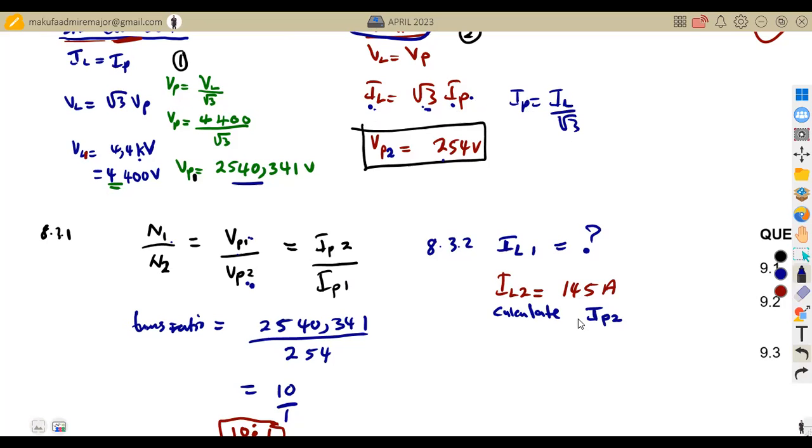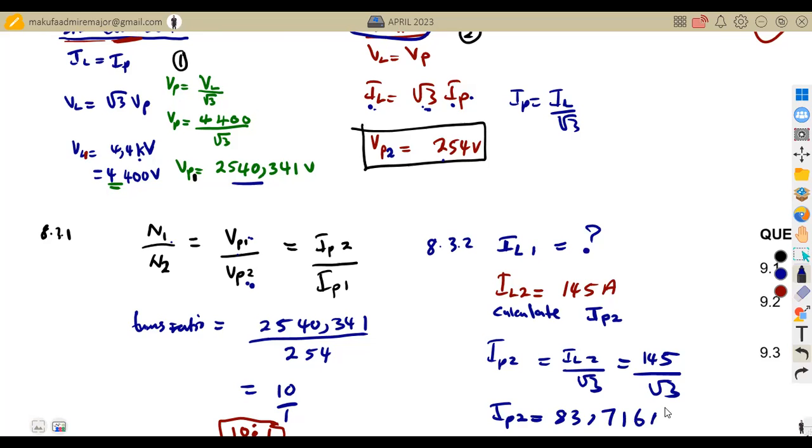The line current there is 145 divided by the square root of 3. We are going to have the phase current, which is going to be 83.7158 and so forth, so it's about 83.716 amps.